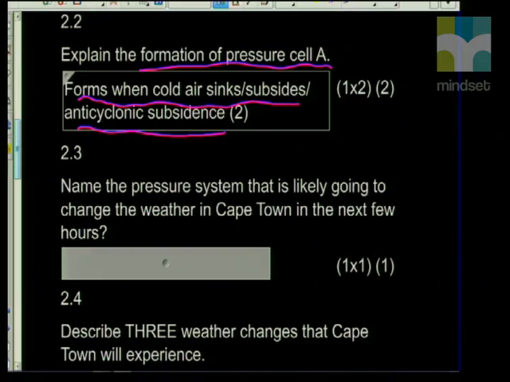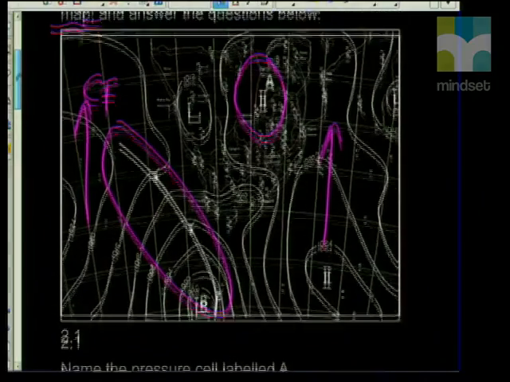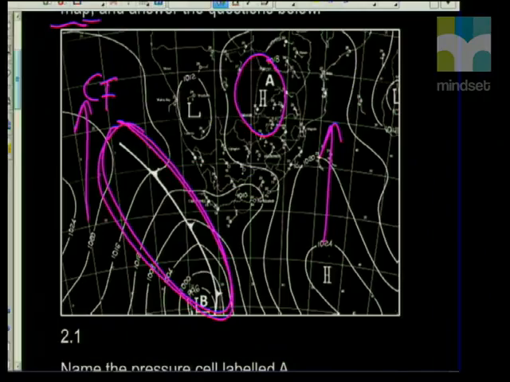Name the pressure system that's likely to change the weather of Cape Town. It seems a long sort of question, but it's actually quite simple. All you have to do is look and see which pressure system is coming in towards Cape Town. Obviously, there's your cold front. You know it's part of the mid-latitude cyclone.